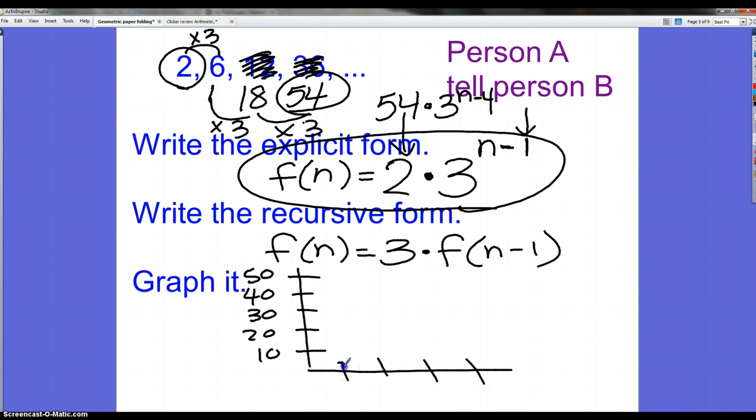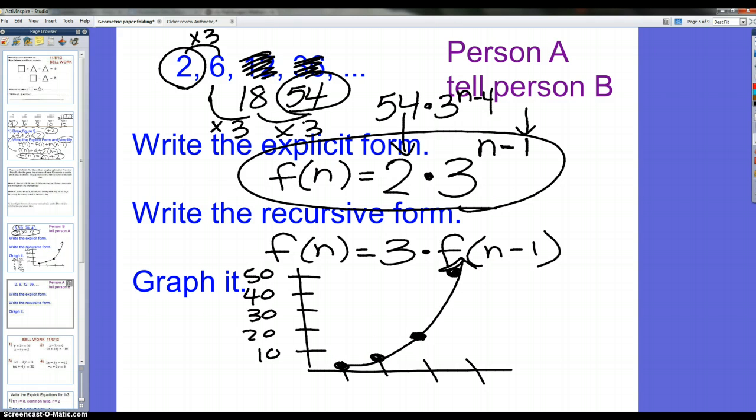I'll go over 1 up 2, over 2 up 6, over 3 up 18, and then over and up 54. So that's up there. And again, we're going to get this curve line. And that's about it for geometric.